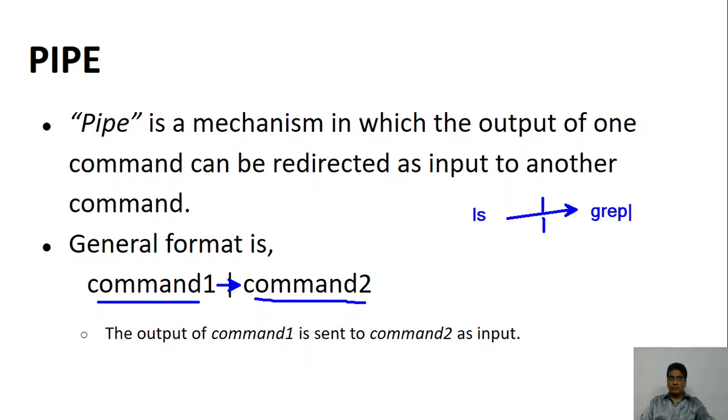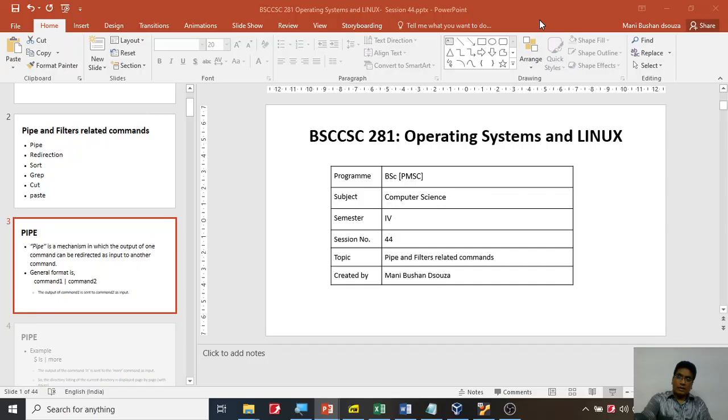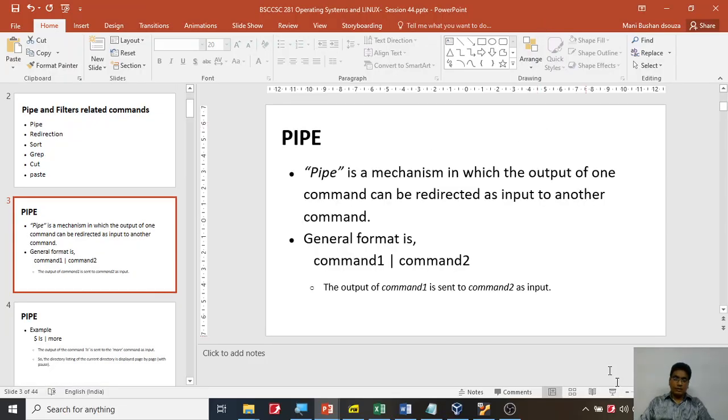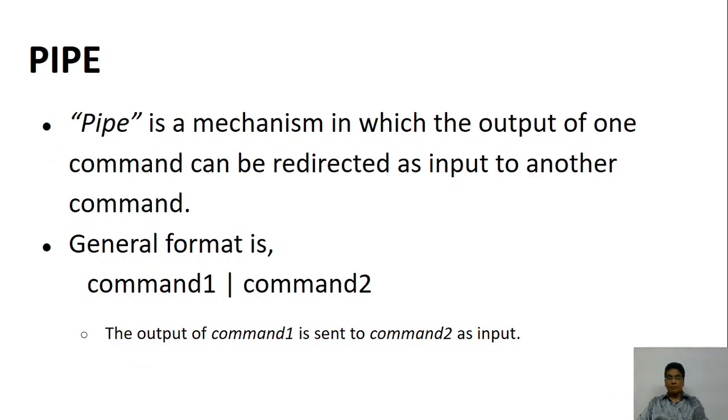So the output of one command is used as the input for the other. We say that the output is flowing, so it is piped from one command to the other. That's why we call it the pipe.